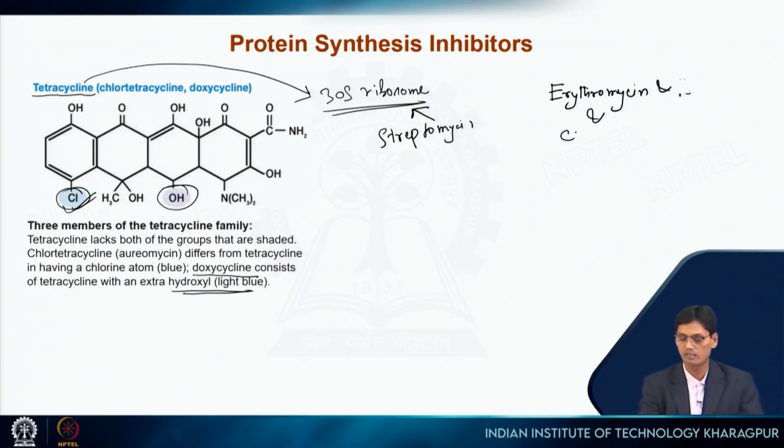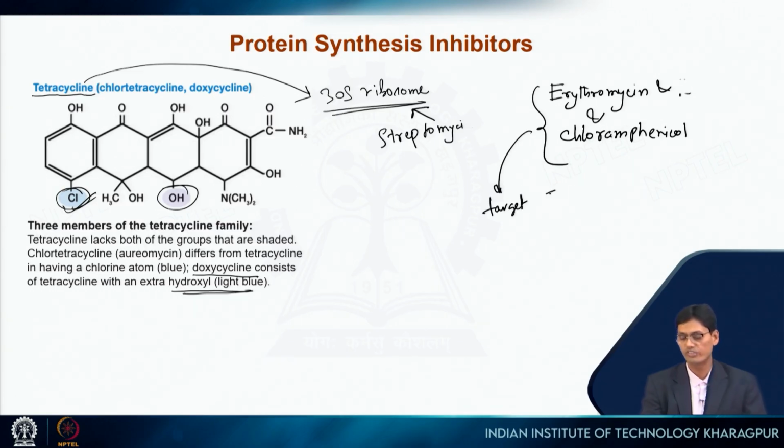So both of these antibiotics, chloramphenicol and erythromycin, target the 50S ribosome of bacteria.